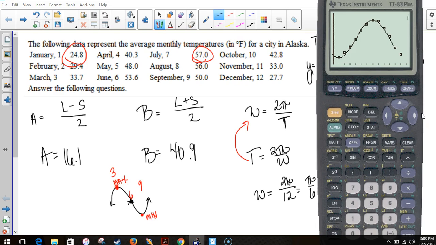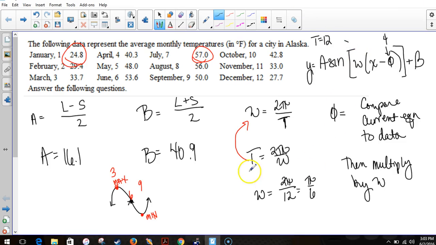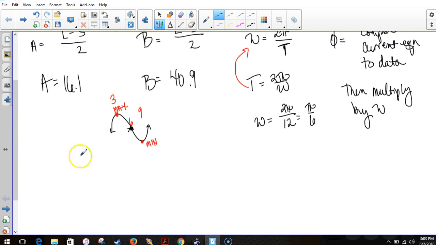So we have a pretty nice model here, but in all likelihood, you would not see it written like this with the omega factored out if it said, here's an equation, graph me. You would see it distributed through. What they're looking for in a textbook version is that it's distributed through. We want the 16.1 sine omega, which is pi over 6 x, but then you need to multiply that omega times the phase shift of the 4.